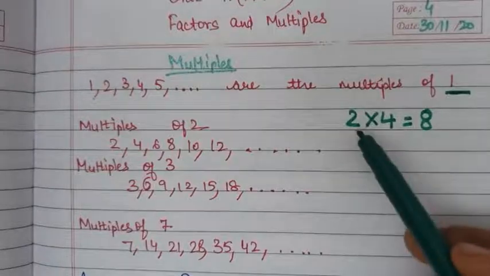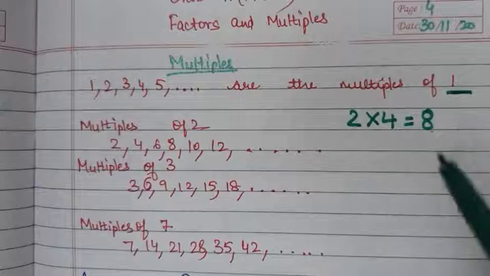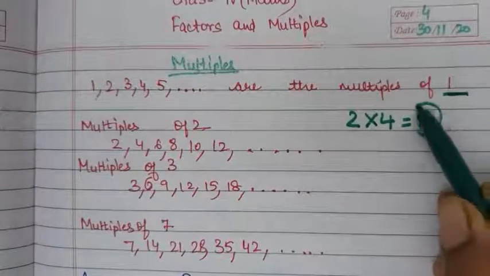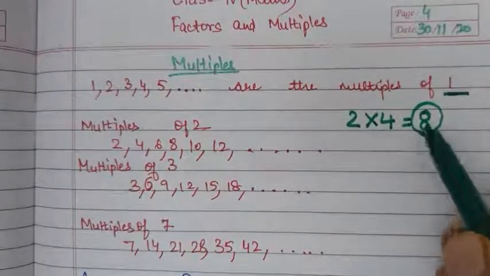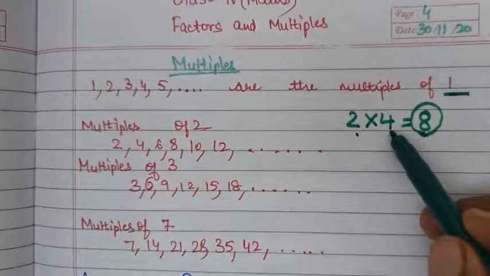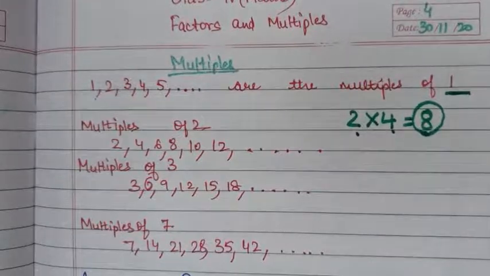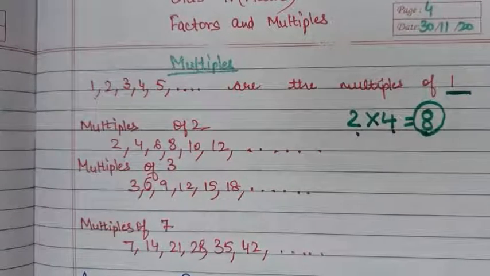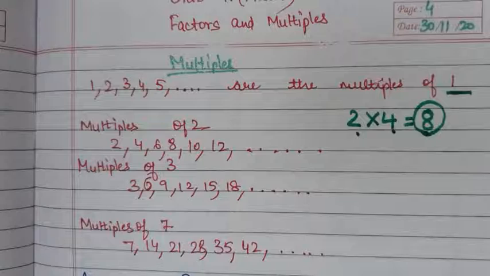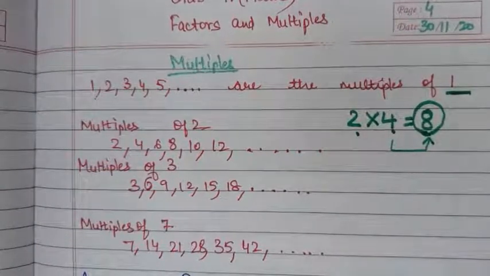You have written 2 into 4 is 8. This means 8 is a multiple of 2 as well as 4. And we can also say that 2 and 4 are the factors of 8.